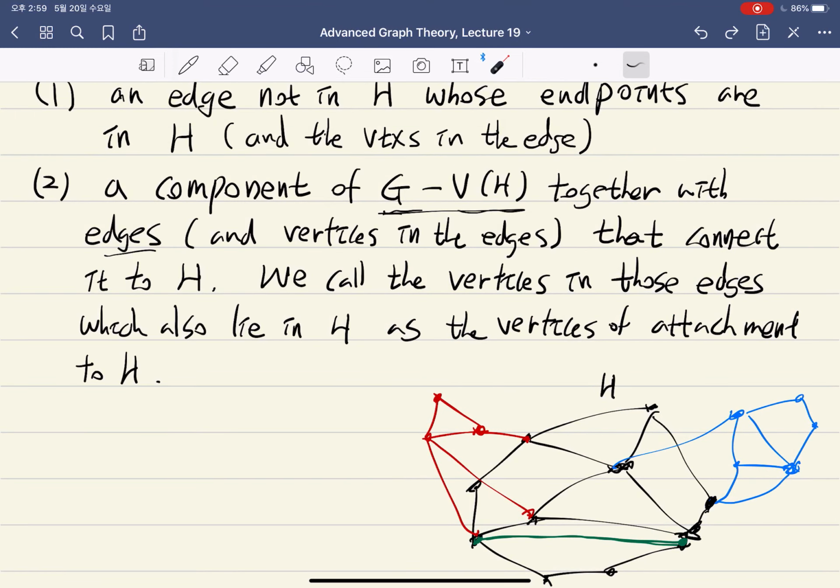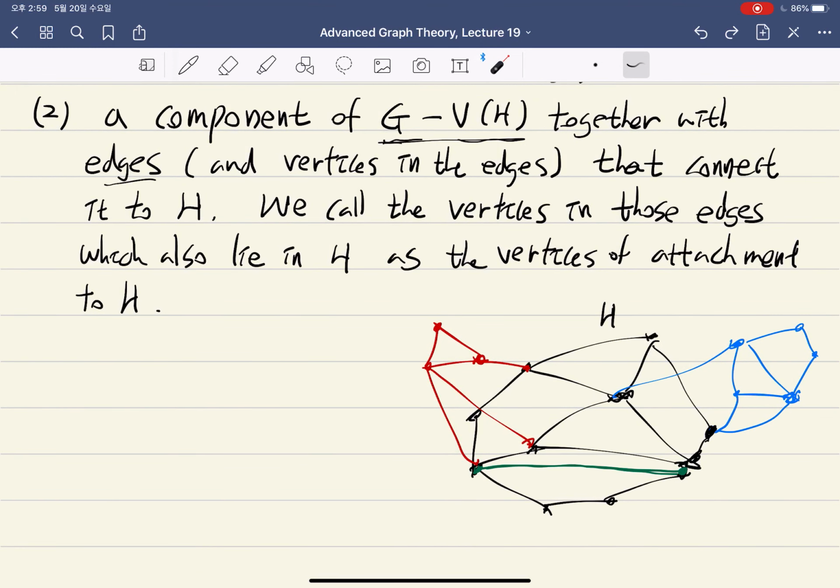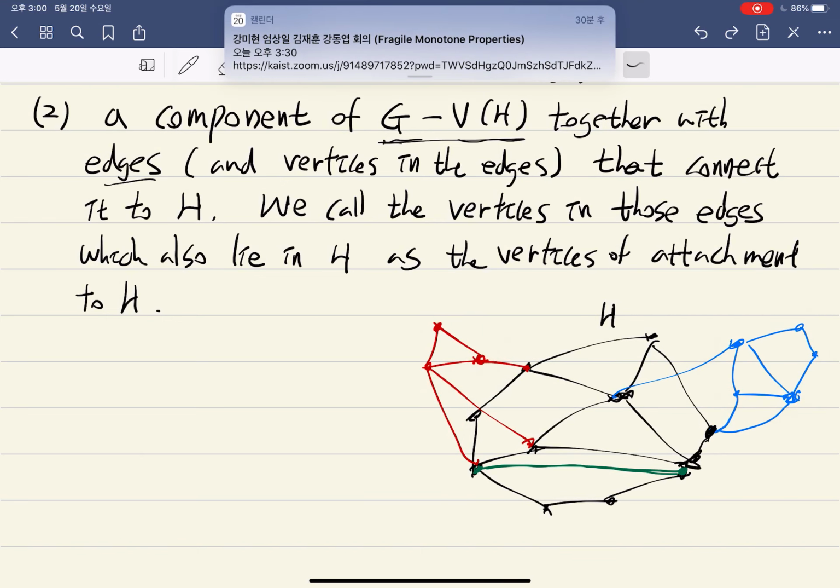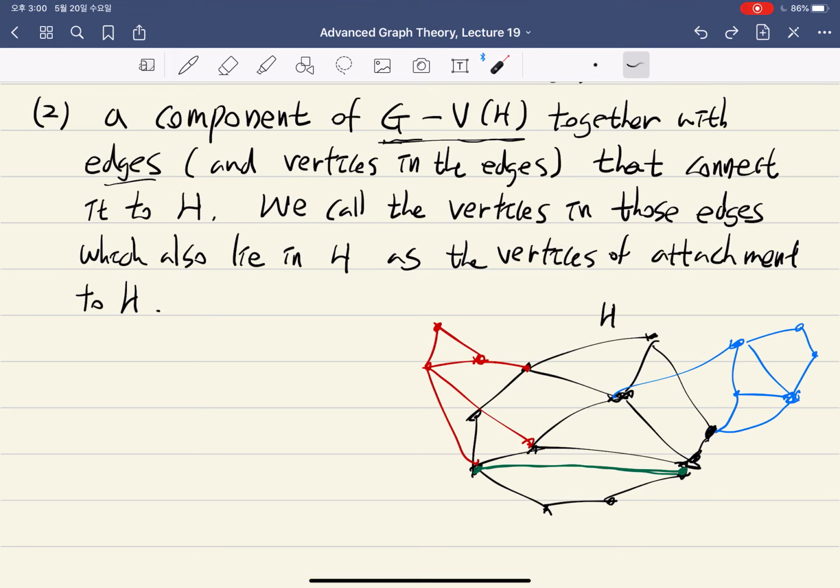And also, if you consider this H in G, if you delete it, then what's the component? You have this component and this component. So you take one component and you consider the edges which connect this component to H. And we also include these vertices. Then this is an H fragment.